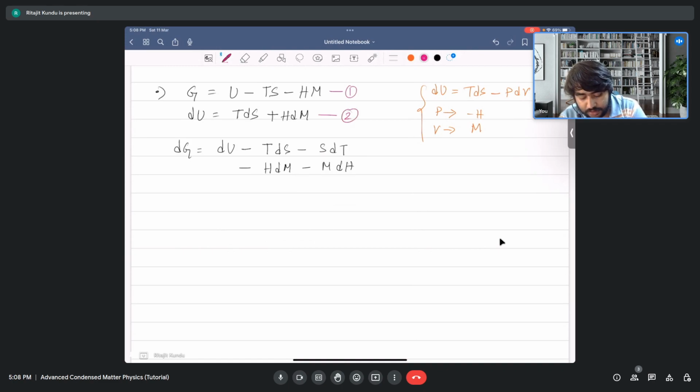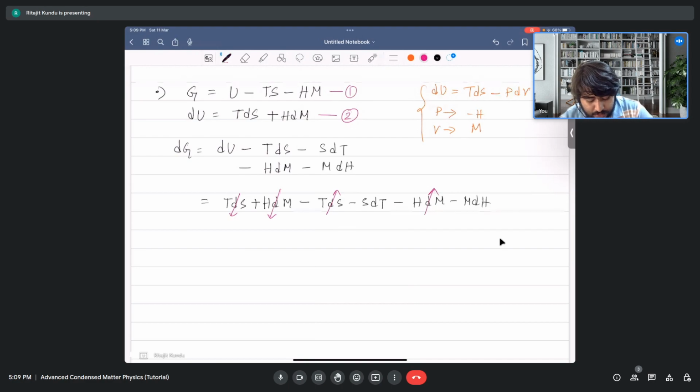Now we take this dU and substitute it here. Then we get T dS plus H dM minus T dS minus S dT minus H dM minus M dH. You can clearly see that some of the terms will cancel. For example, TdS and minus TdS will cancel, and also HdM and minus HdM will cancel.